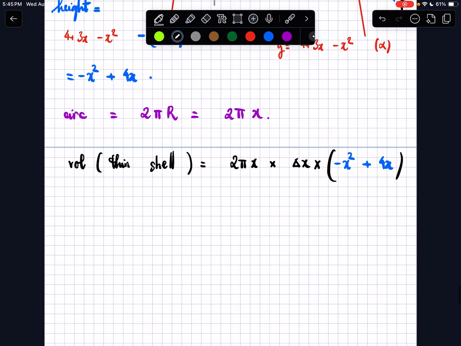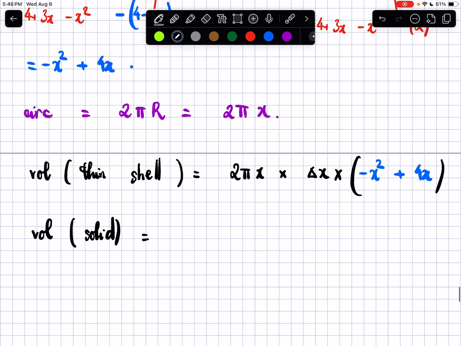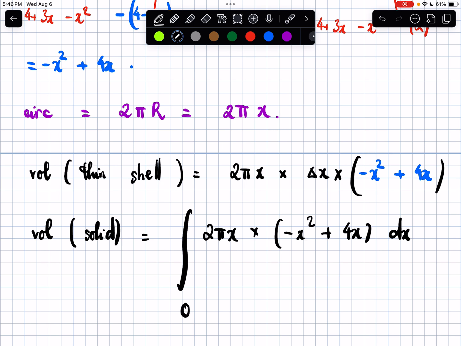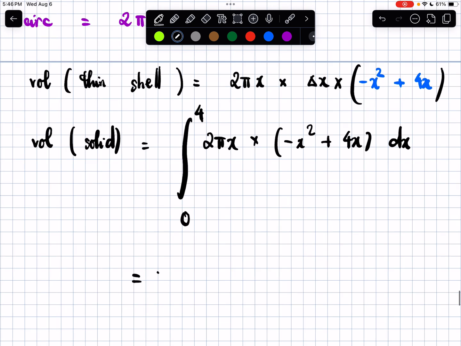So the volume of the whole solid is the sum of infinitely many thin shells, which is 2 pi x times minus x squared plus 4x, with delta x going to 0 becoming dx, from 0 to 4 in our case. So this is the formula we have: 2 pi integral from 0 to 4 of x times minus x squared plus 4x dx.